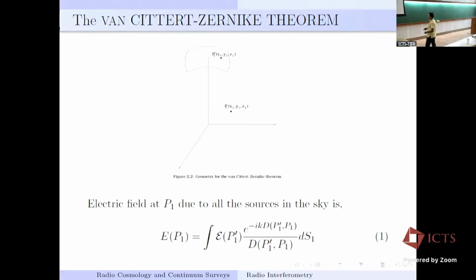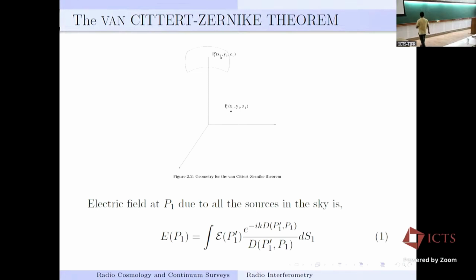Now be with me. This electric field E at P1 is the electric field at P1 prime divided by D. Intensity goes as 1 over R square, right?